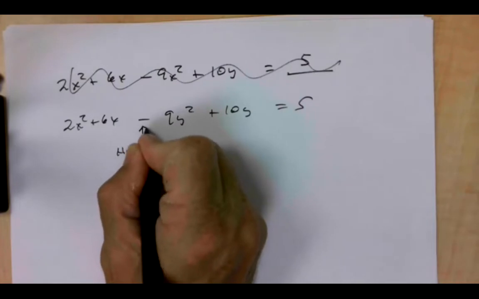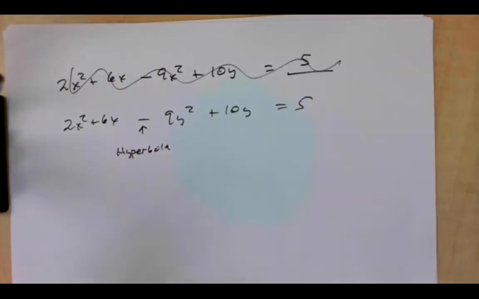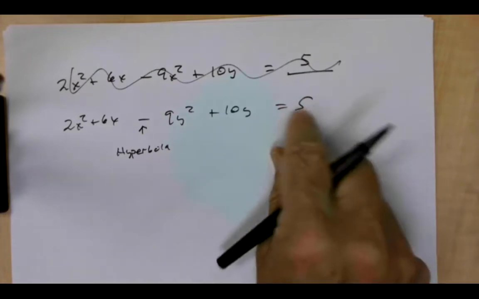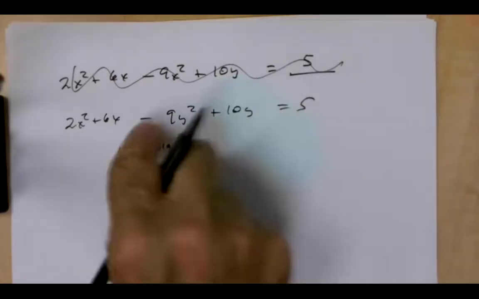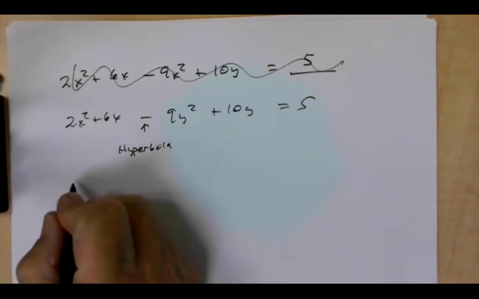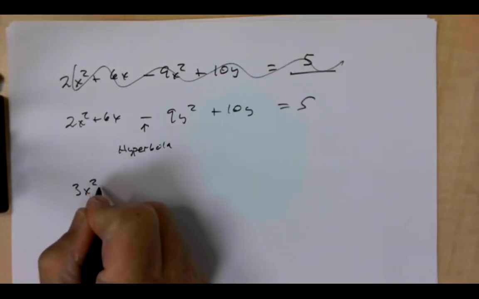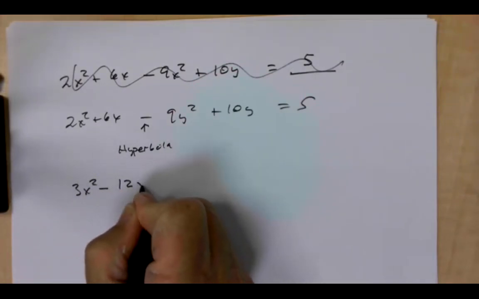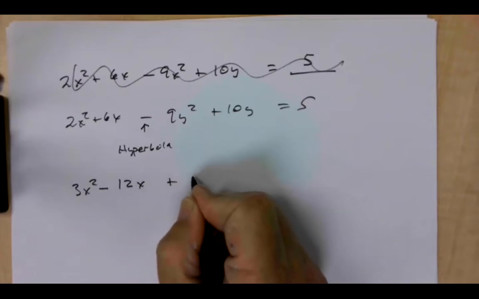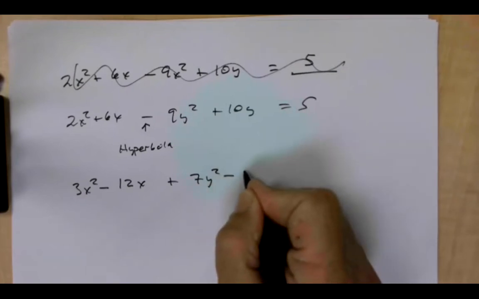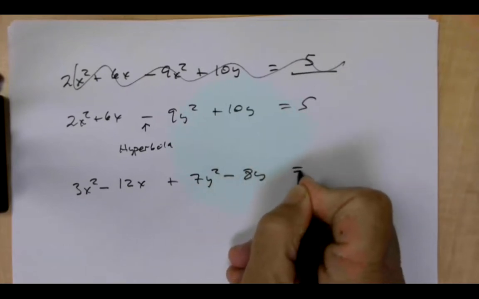The key notion is this minus sign. The x squared is positive, the y squared is negative. That'll make that a hyperbola as long as the numbers over here are positive once I complete the square. How about this? 3x squared minus 12x plus 7y squared minus 8y equals some number.